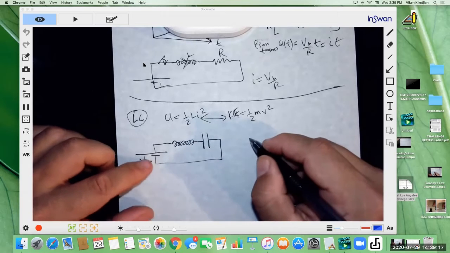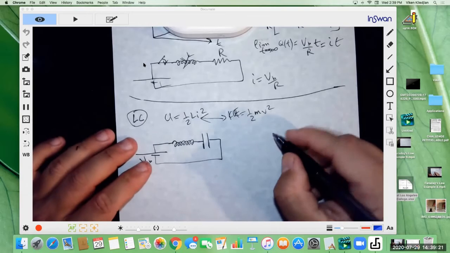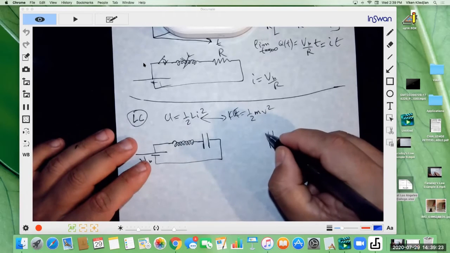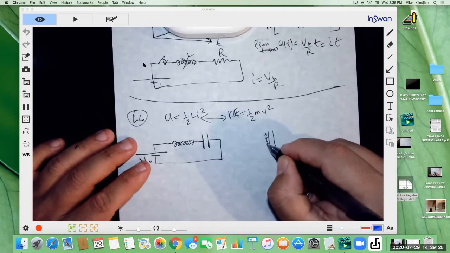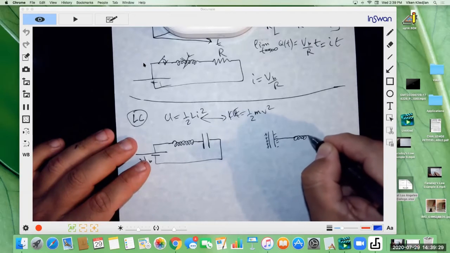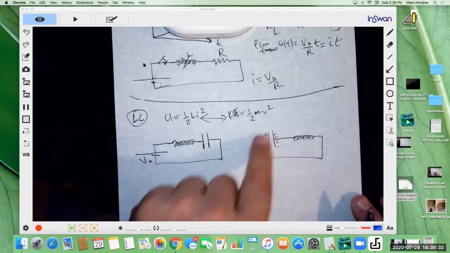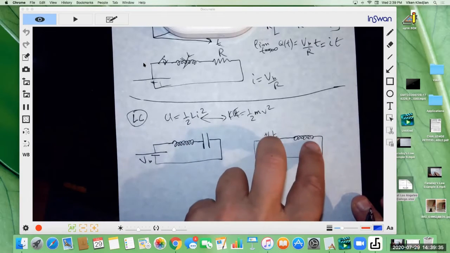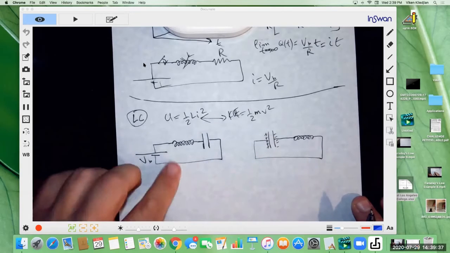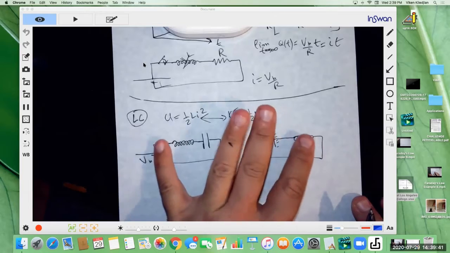And then if you don't have a battery, you just have an inductor and a capacitor. Let's say you have a charged capacitor, and then you connect it to an inductor. So then what is that like? This is like without a battery, right? So what would their Physics 101 equivalent be?